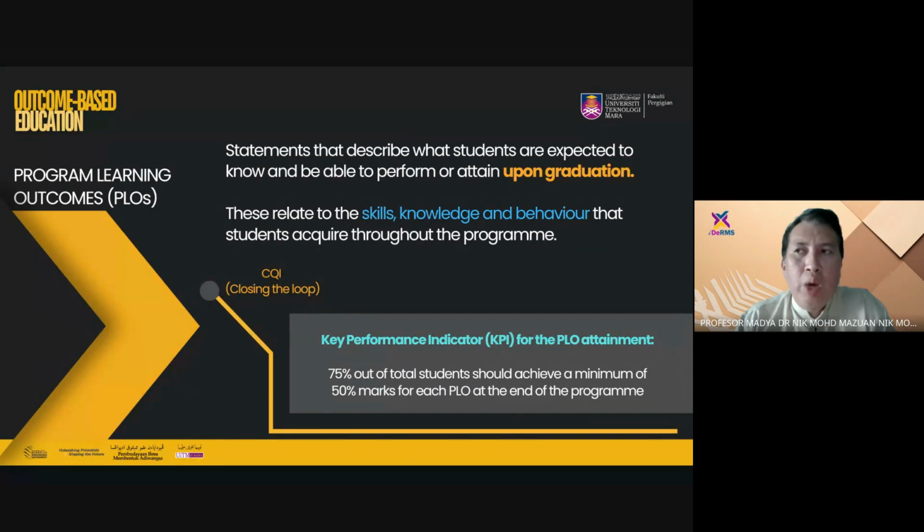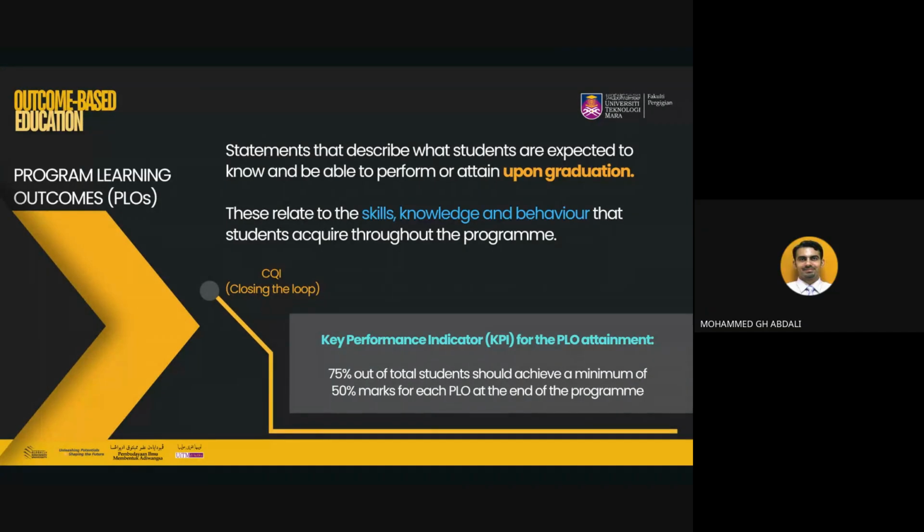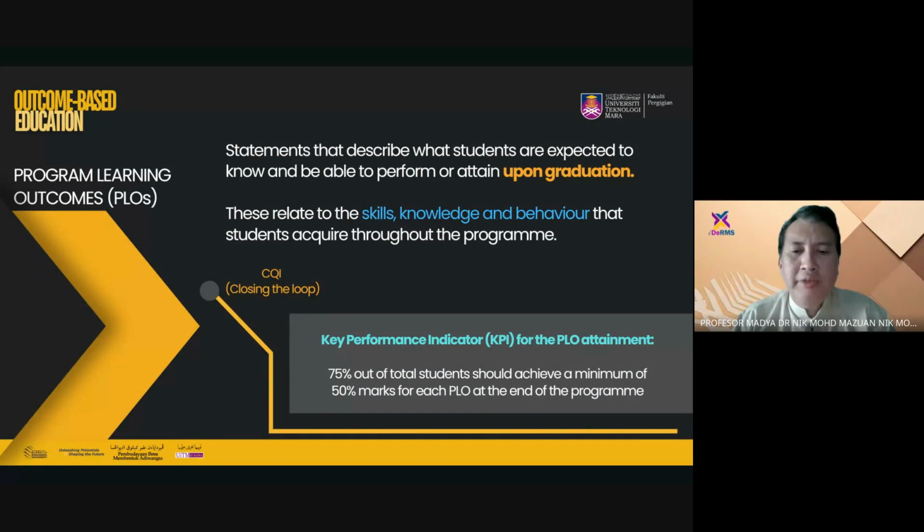We will extract that assessment from each course that maps to PLO number one, and we will gather the marks. Then we will know whether the marks are 50% and above or 50% and below. Then we will calculate that as a percentage of students achieving the set standard.